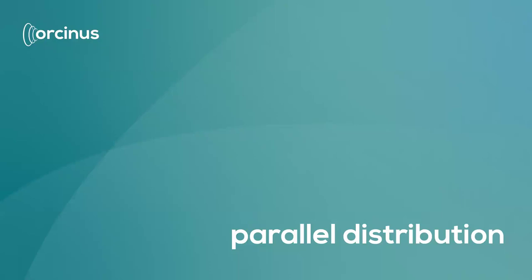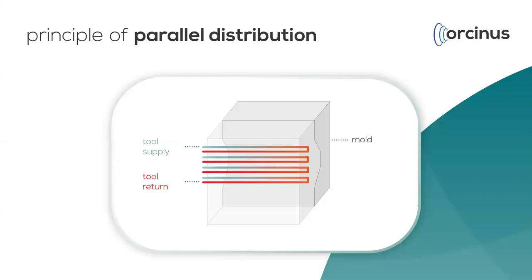So the solution we are offering is the parallel distribution. So every single circuit in the mold has its own freshly temperatured water. So you see the temperature of the mold is almost everywhere the same.